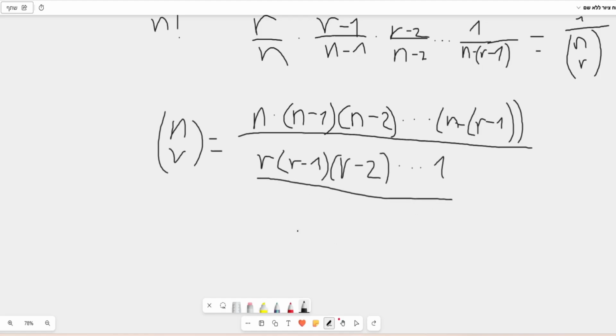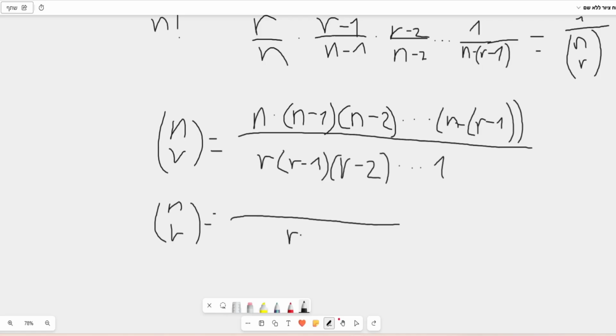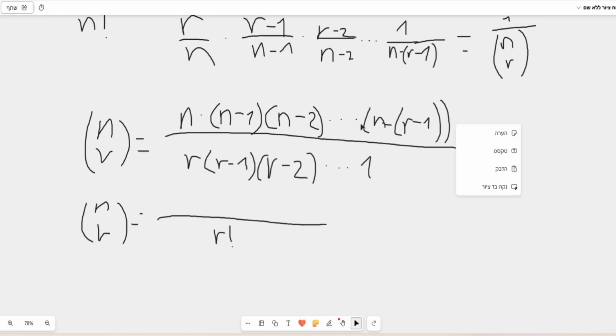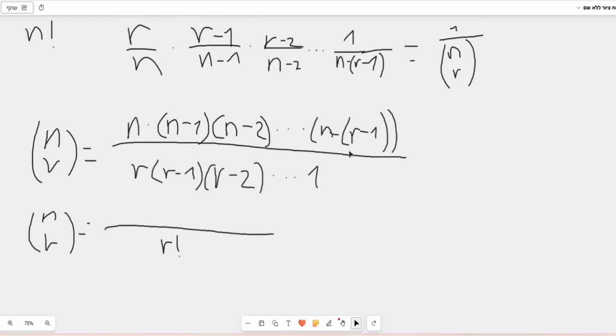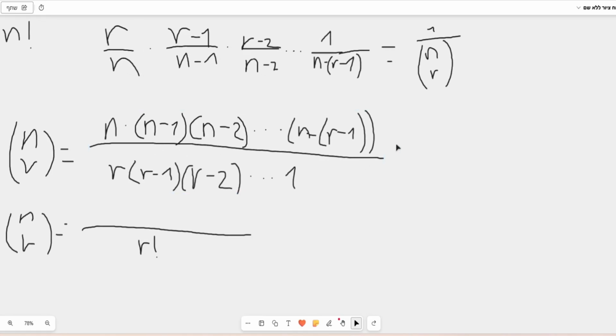The bottom part is just r factorial, right? So n choose r equals this, and at the bottom it's r factorial. What do we have at the top? Well, we're multiplying n by its previous numbers up to a certain point. We don't have any notation for that, but what we do have is this.